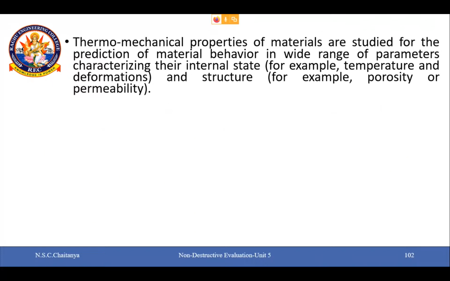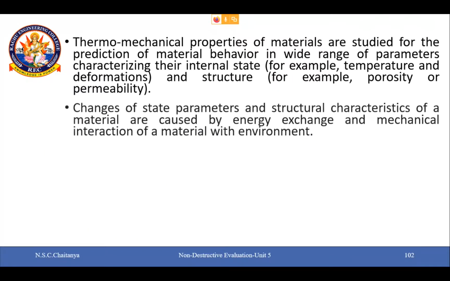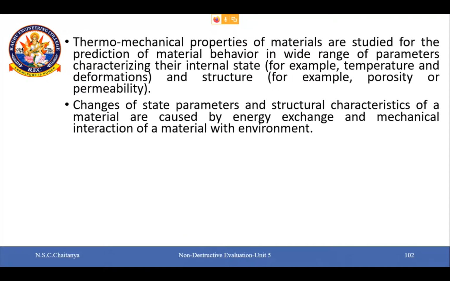Thermomechanical properties of materials are studied for the prediction of material behavior in a wide range of parameters characterizing their internal state, for example, temperature and deformations, and structure, for example, porosity and permeability. Changes of state parameters and structural characteristics of a material are caused by energy exchange and mechanical interaction of a material with environment.